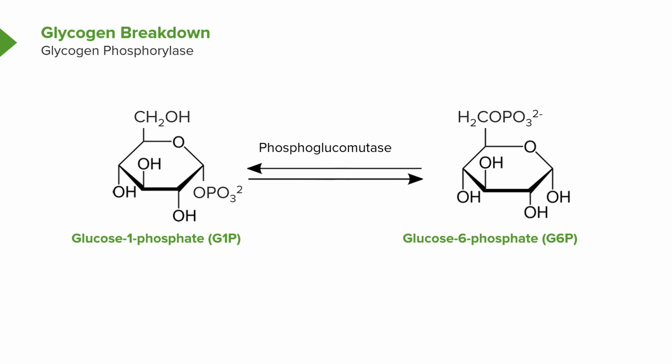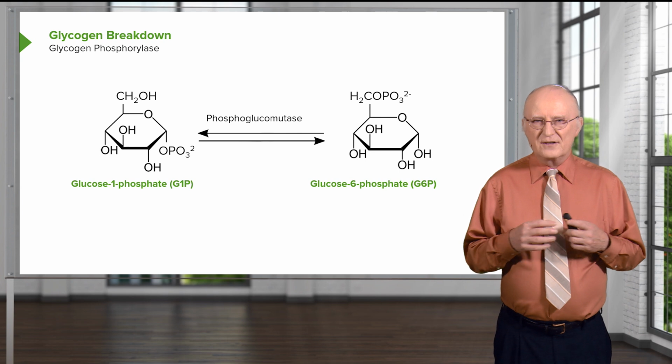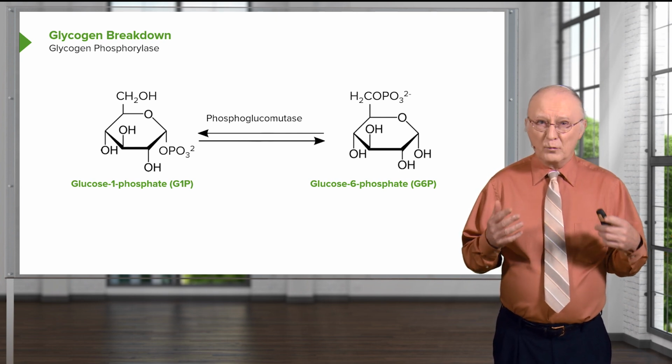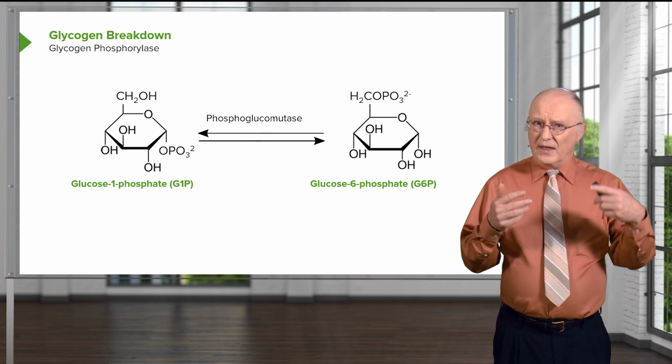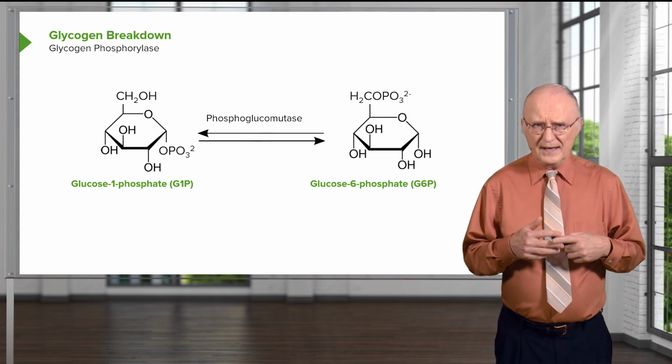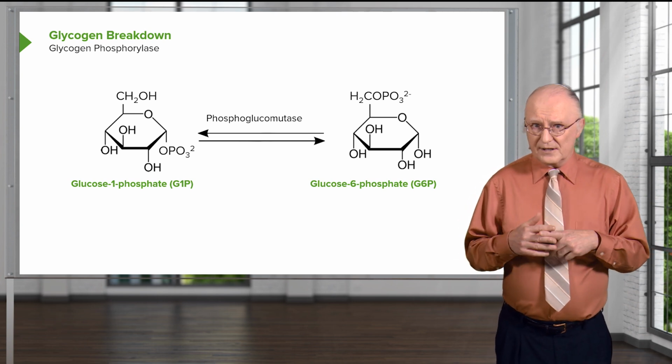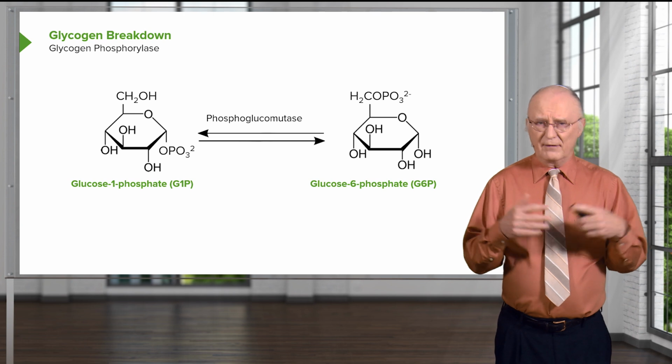Glucose 1-phosphate is readily turned into glucose 6-phosphate by the enzyme phosphoglucomutase. Now, this is a reversible reaction, as you can see. The significance of the reaction, though, is that glucose 6-phosphate is produced. And if you remember, we started with a glycogen that had glucoses that had no phosphates on them. We have at this point an intermediate in glycolysis, glucose 6-phosphate, that does have a phosphate on there.